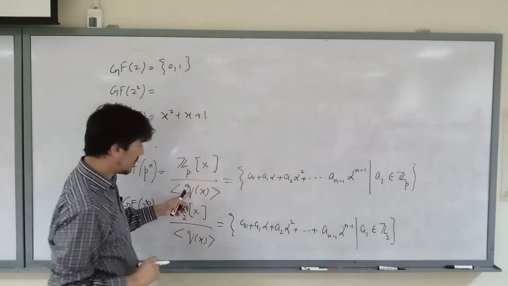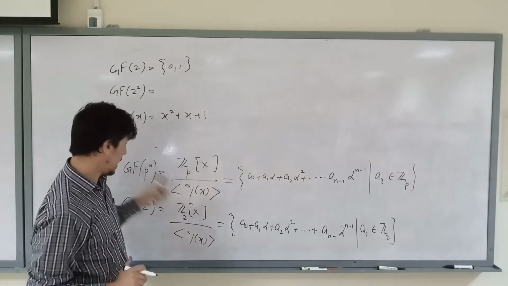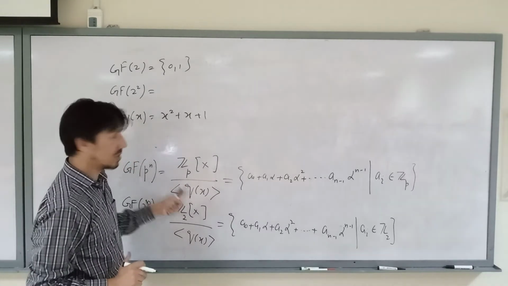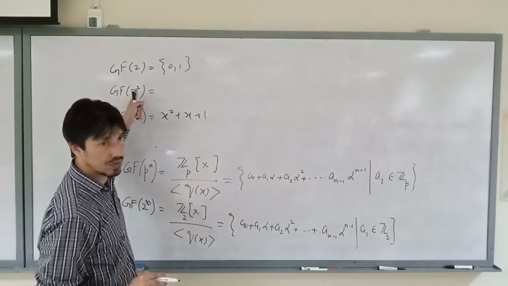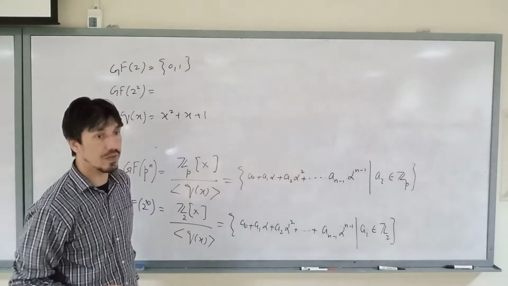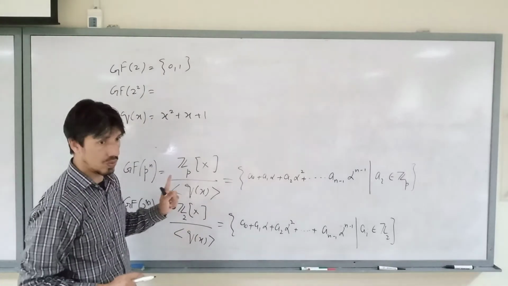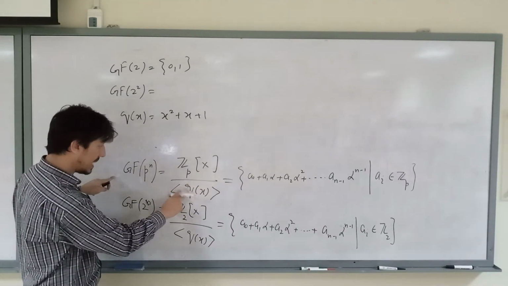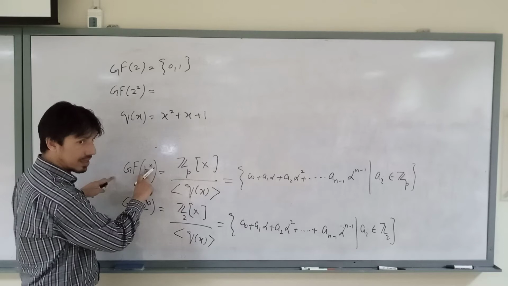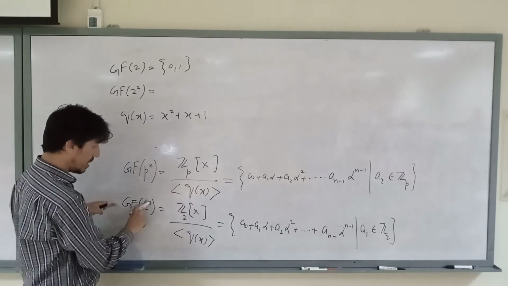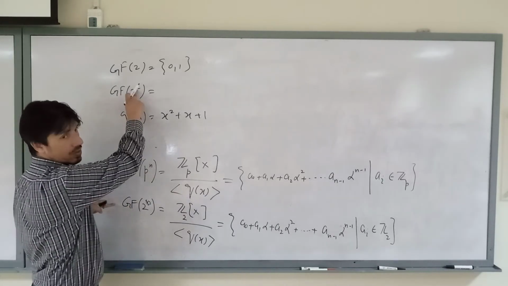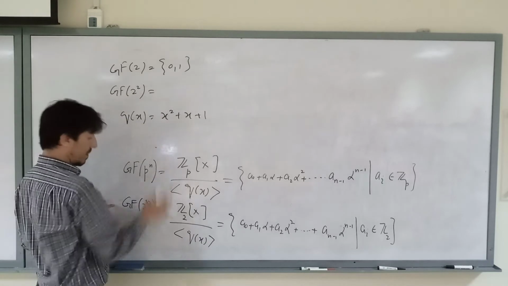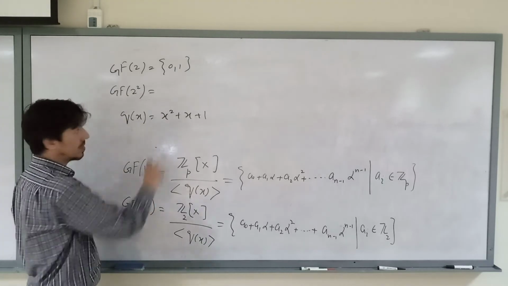It must be a degree n polynomial. So I am taking GF2 raised to power 2, so the degree of this polynomial will be 2. Generally the Q of x has degree n. So here I am taking n as 2, and the coefficients are either 1 or 0.